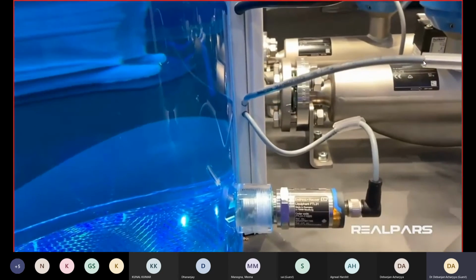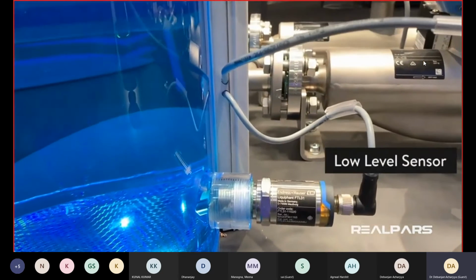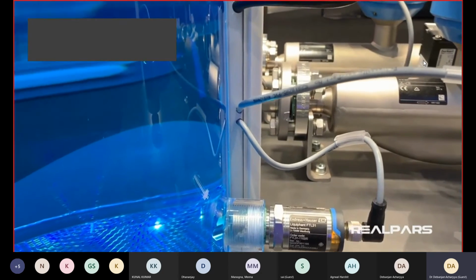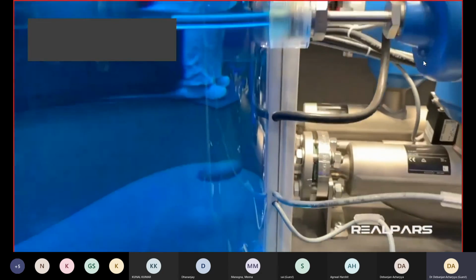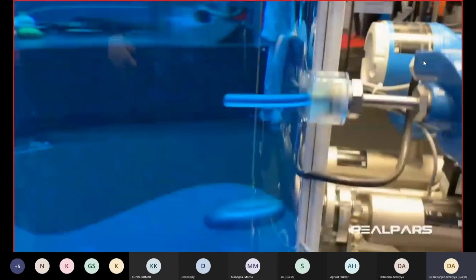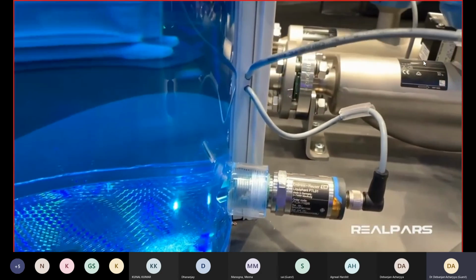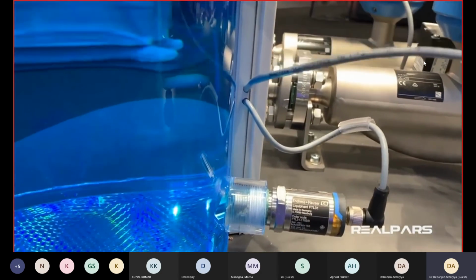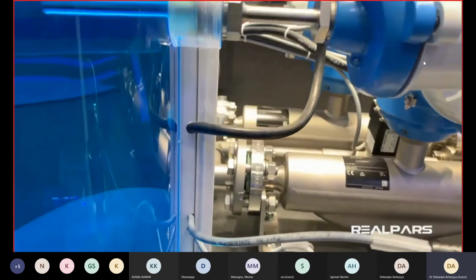This sensor is a level sensor. When the level of the liquid inside the tank gets to the level of this sensor, it sends a signal to the PLC and says, okay, the tank is empty.